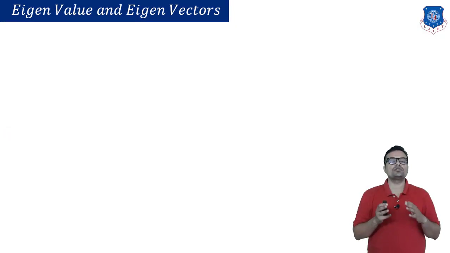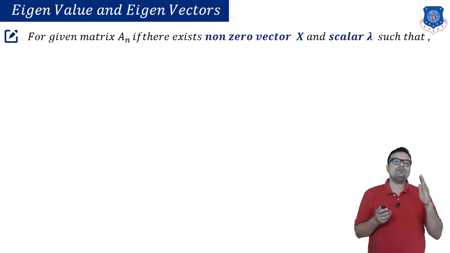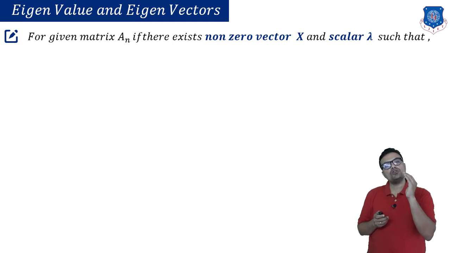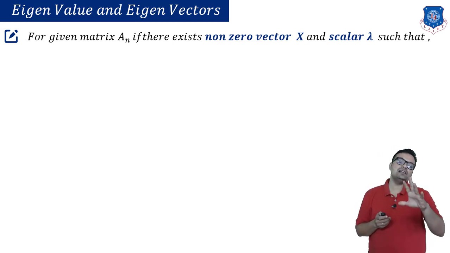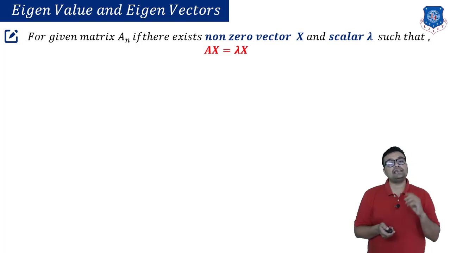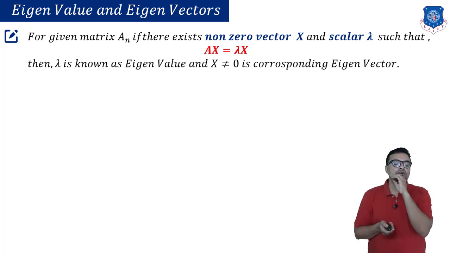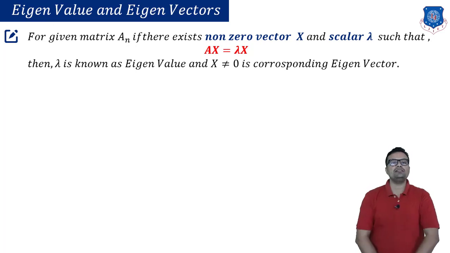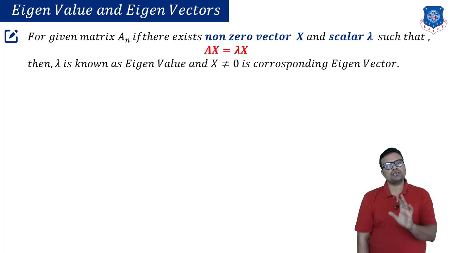First of all, we are going to define it. For a given matrix A, if there exists a non-zero vector X and a scalar value lambda such that Ax equals lambda x, this simply means that lambda is an eigenvalue and x is the corresponding eigenvector. From the definition itself, it is pretty clear that A is the matrix pre-multiplied to x, and the answer is again x multiplied with lambda.